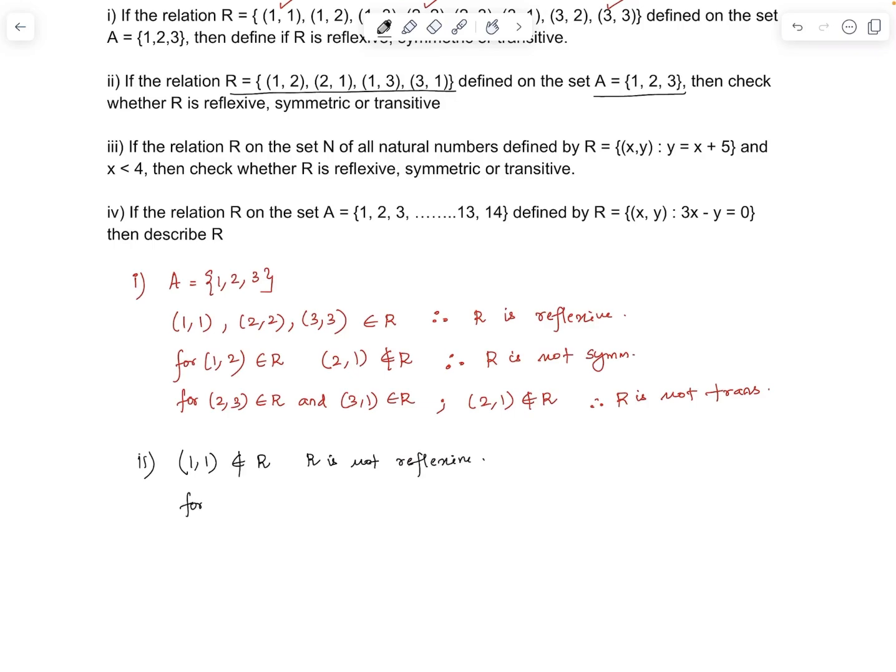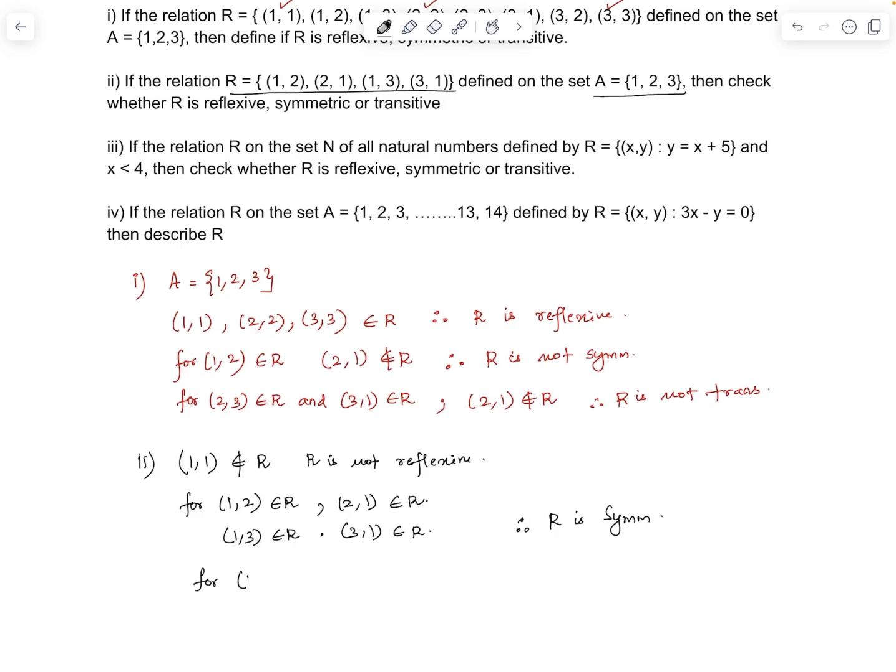For (1, 2) in R, (2, 1) is also there in R. For (1, 3) in R, (3, 1) is also there in R. Therefore, R is symmetric.